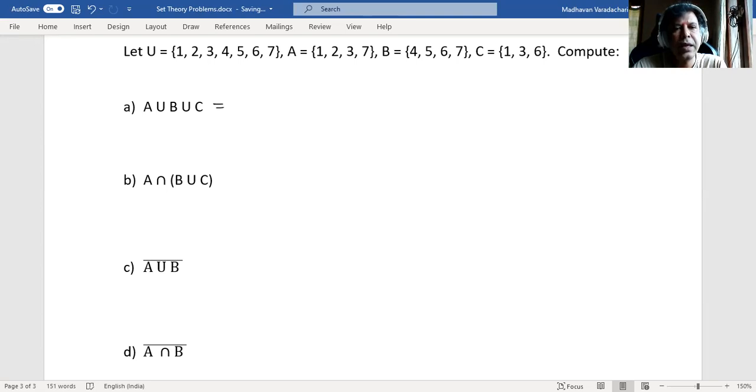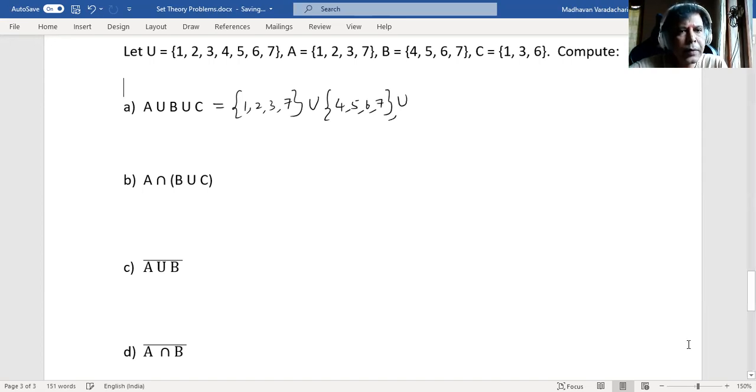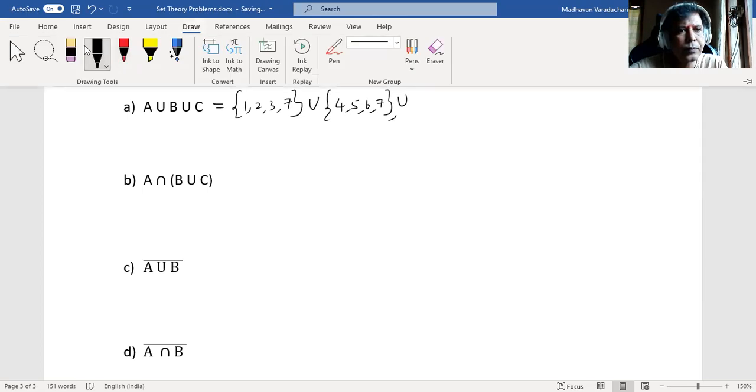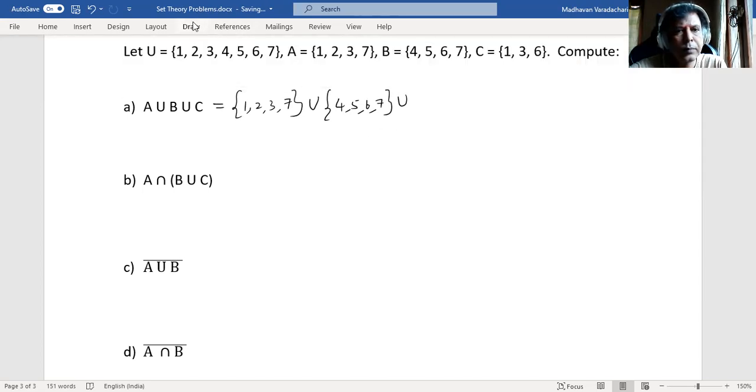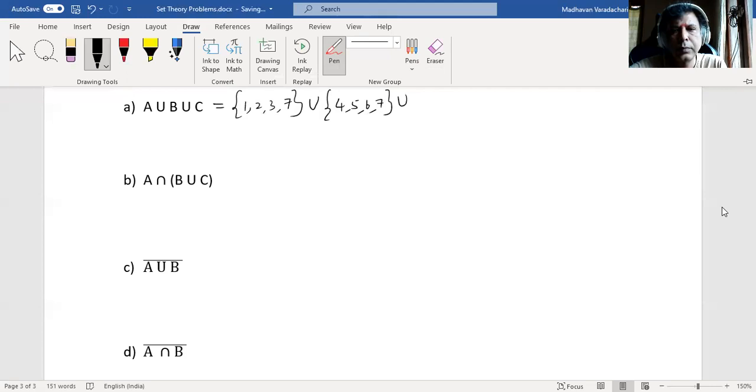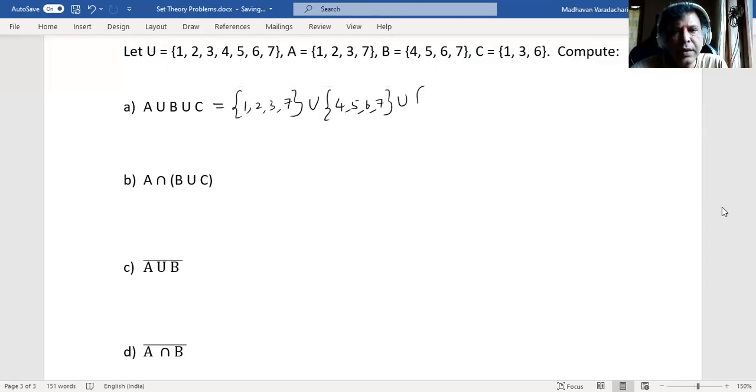Elements which belong to either A or B or C or belonging to two or more, right? So let me write 1, 2, 3, 7 union 4, 5, 6, 7 union and then C 1, 3, 6.